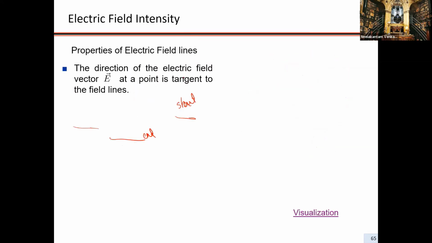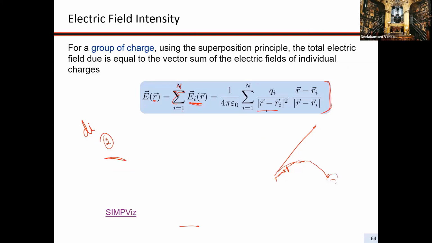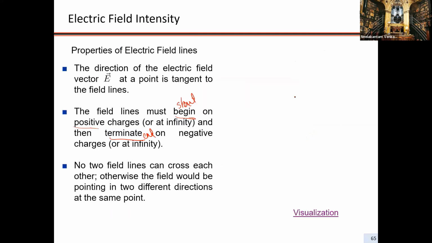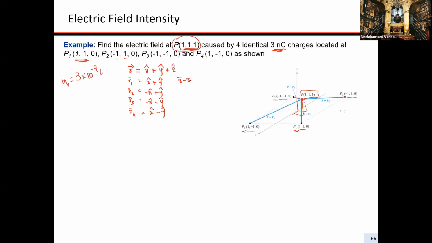Now, when I go back here, you'll see that I need to find R minus Ri all the time. So R minus R1: if I do that, the x and y cancel, so this is going to be simply z hat. If I do R minus R2, it's going to be 2x plus z.